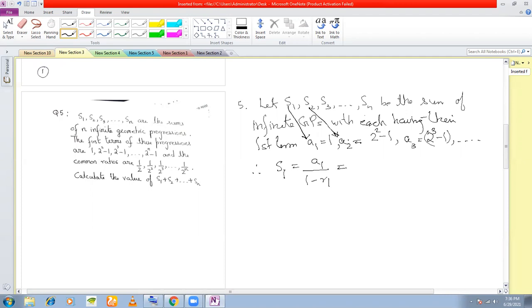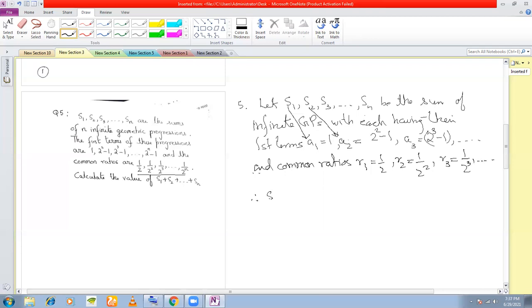Which is equal to, now see here, the common ratio is also given, right? Before that, let me write the common ratios also. With first terms this and common ratios R1 equal to half, R2 equal to 1 by 2 square, R3 equal to 1 by 2 cube, and so on.